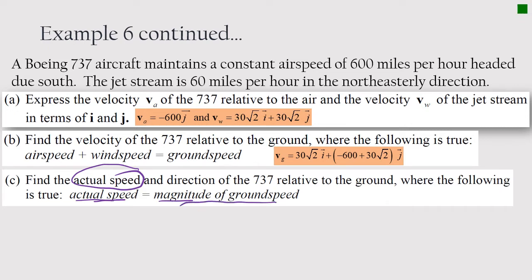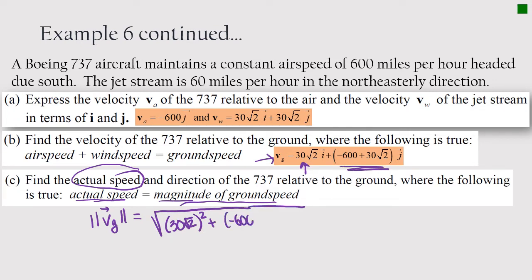We figured out the ground velocity in terms of its i and j components, so the magnitude is going to be the square root of the horizontal component squared plus the vertical component squared, which ends up giving us about 559.19 miles per hour. Make sure you're using your units.